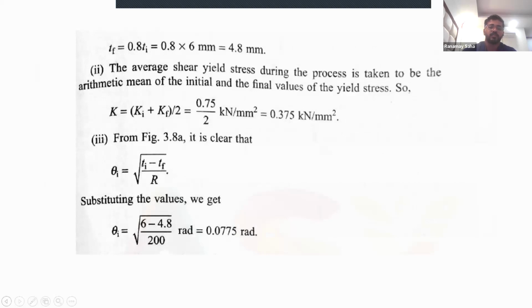So you can find out the average yield strength through the method I told a few minutes ago. You take the average of the initial and the final values, corresponding to your before and after operation stress values, to find your K average as 0.375. Now you can find out your theta value, that is the angle subtended at the roll center, you know.